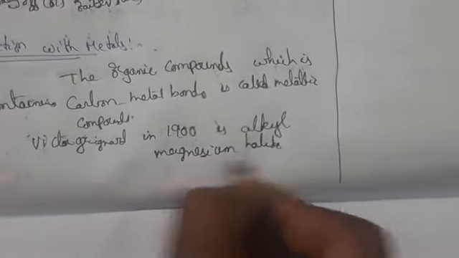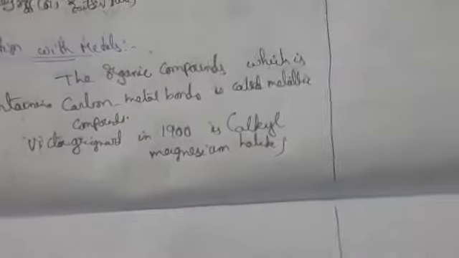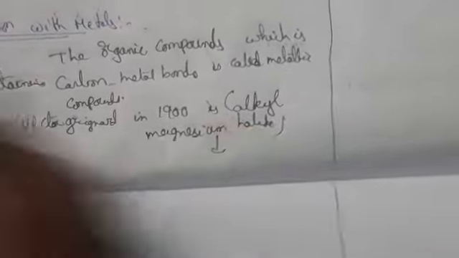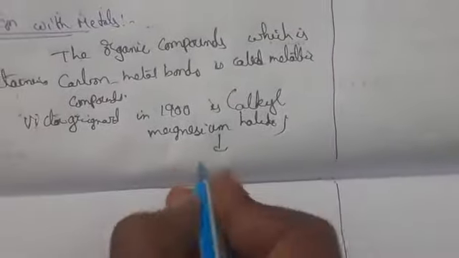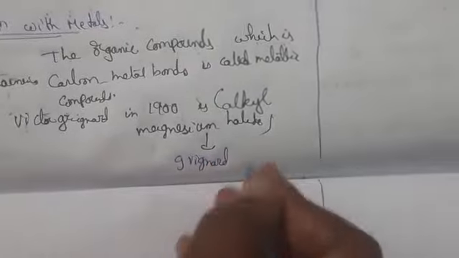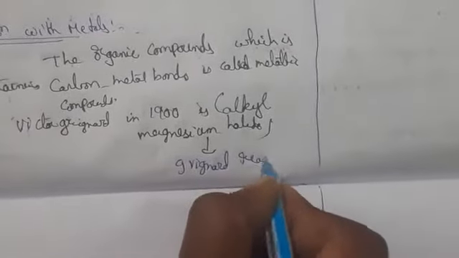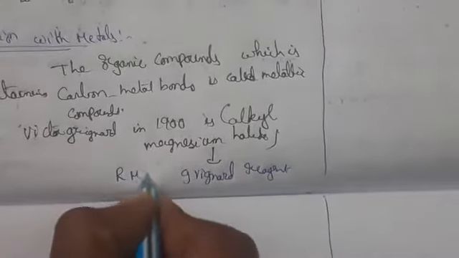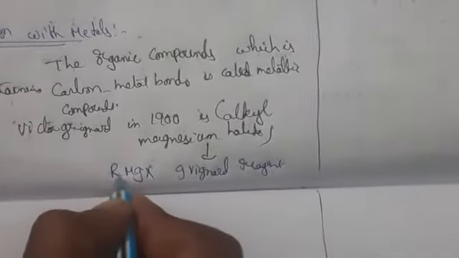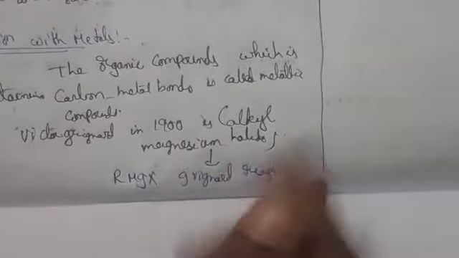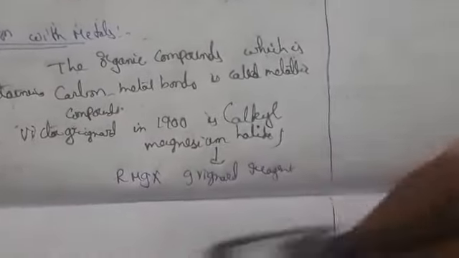This compound we refer to as the Grignard reagent. So whatever I have written, we call it the Grignard reagent. The Grignard reagent is nothing but alkyl magnesium halide, which was discovered by Victor Grignard. The general formula is RMgX. Here R is the alkyl group, X is the halide, and Mg is magnesium. So this is nothing but reaction with metals.